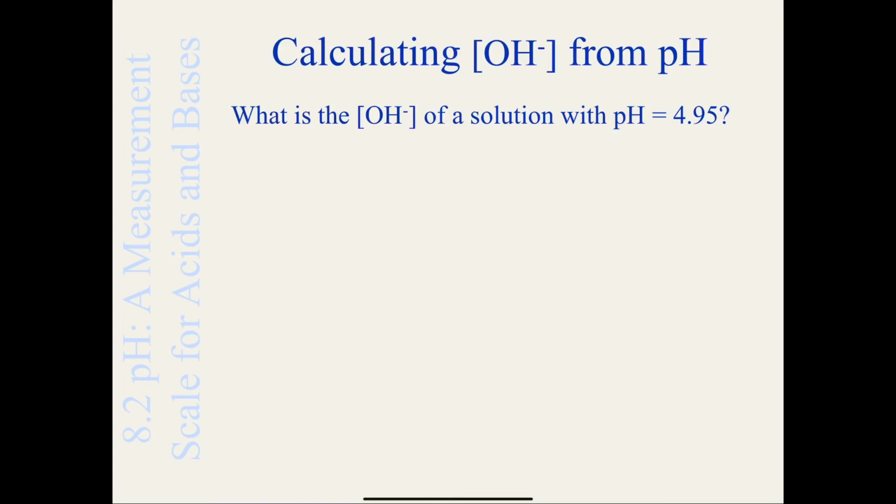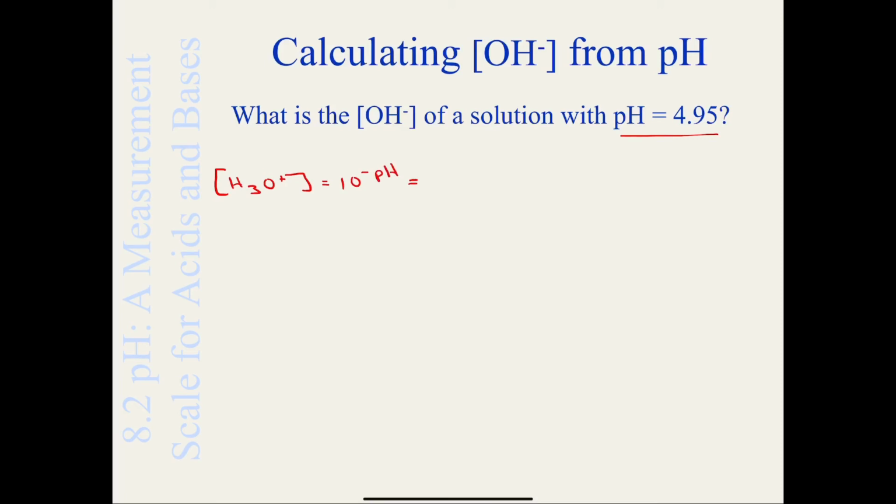Let's try another problem. What is the concentration of hydroxide of a solution with a pH equal to 4.95? The first thing I'll do is I'll use my pH value to calculate the concentration of hydronium. And for that, I'll use the formula that concentration of hydronium is equal to 10 to the power of negative pH.